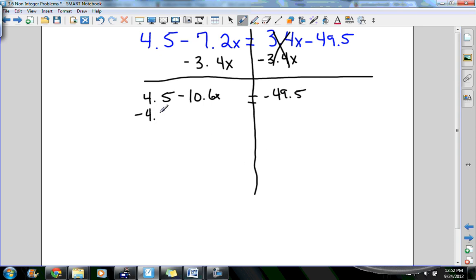Now I move this over. So I get negative 10.6x equals negative 54.0. And now I divide.